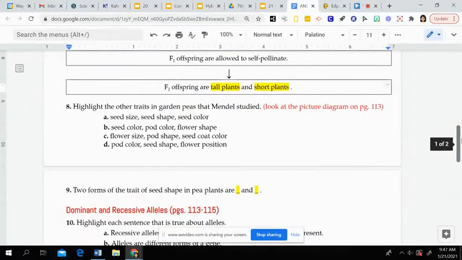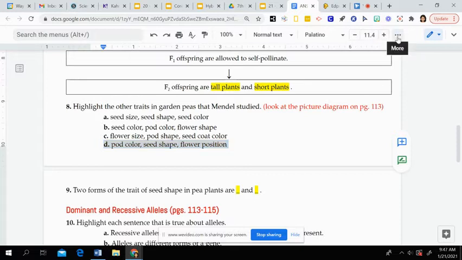Looking at the diagram on page 113, the other traits that Mendel studied, he looked at seed shape, seed color, the coating color, what the pod shape looked like or pod color, and even the flower position and stem height. So the answer that is going to be true is D. So there was the pod color, the seed shape, and the flower position.